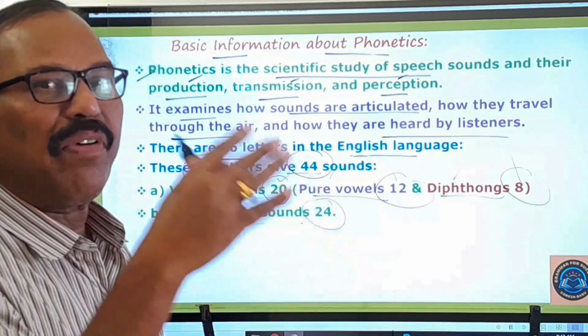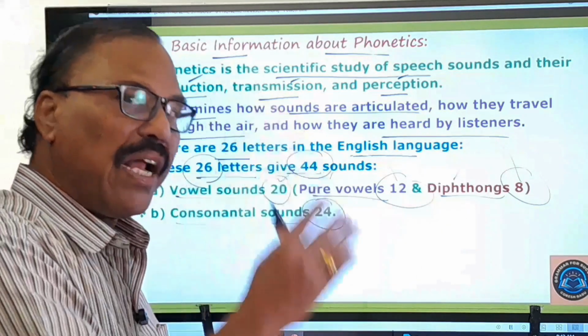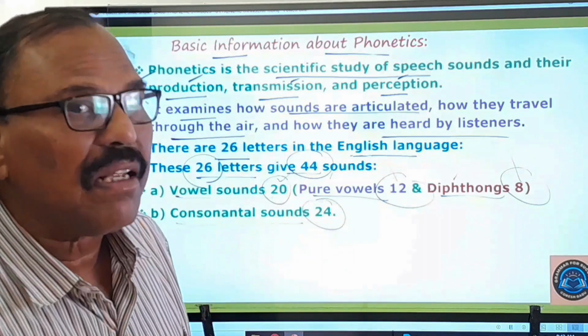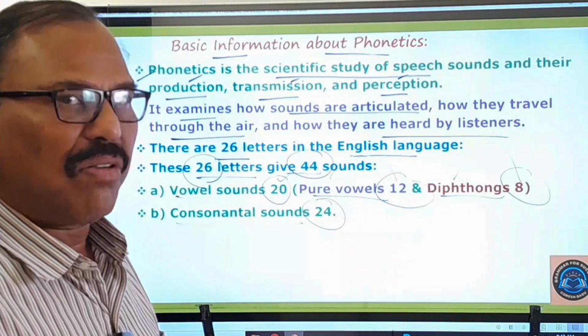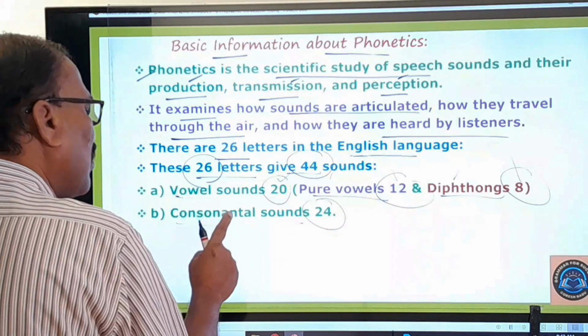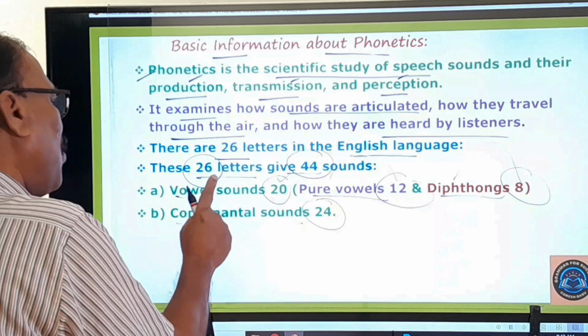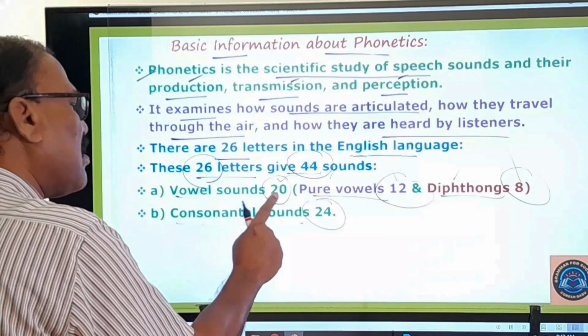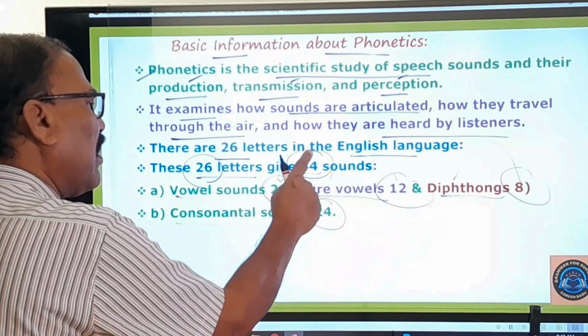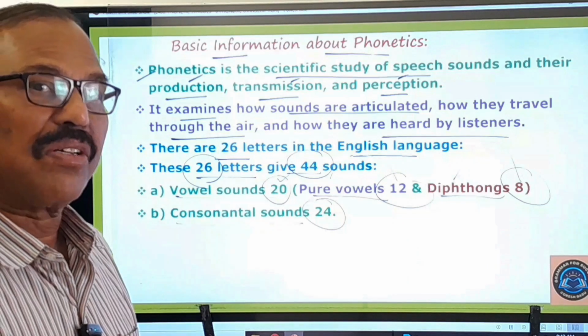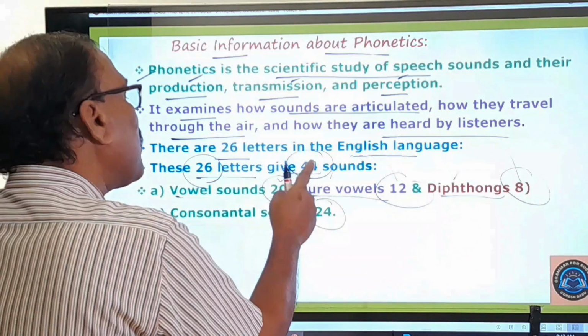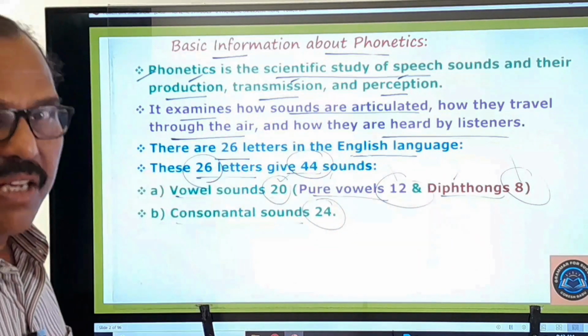Vowels give a vowel sound, and consonants give a consonantal sound, not a consonant sound. Remember that. So vowel sounds are 20 and consonantal sounds are 24. All put together, we have 44 sounds, given by just 26 letters.